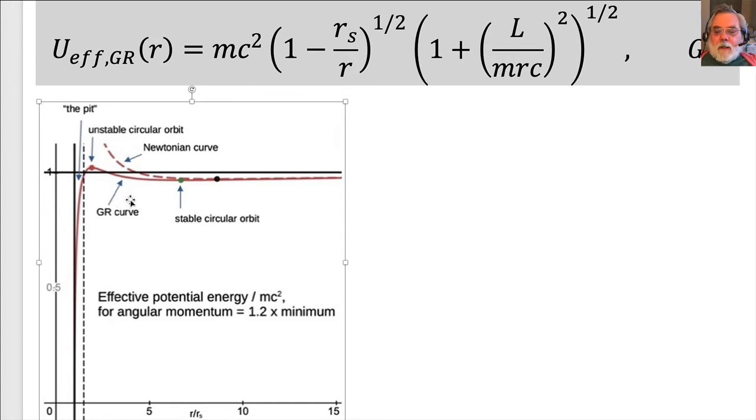The solid red line is the effective potential energy for this non-rotating black hole for this particular value of angular momentum, 1.2 times the minimum. Far to the right, far from the gravitating object, the Newtonian and general relativity curves converge to one another, and they approach the rest mass energy, which is the horizontal black line.